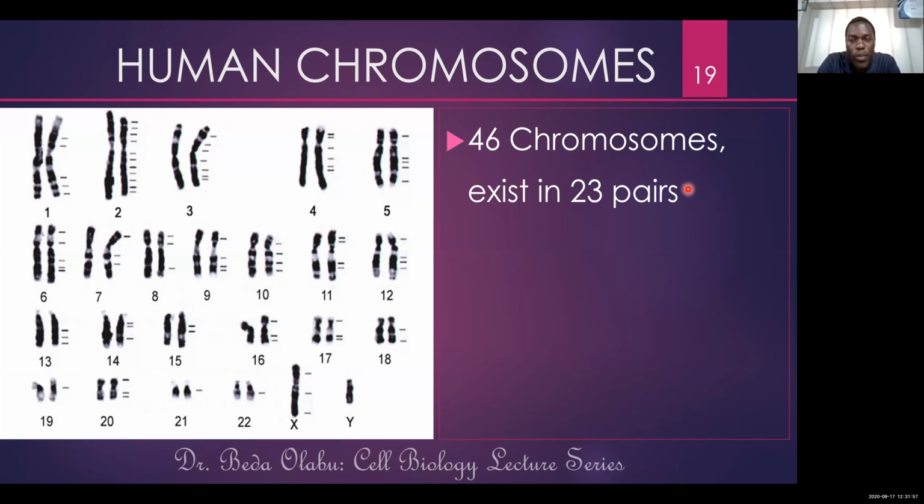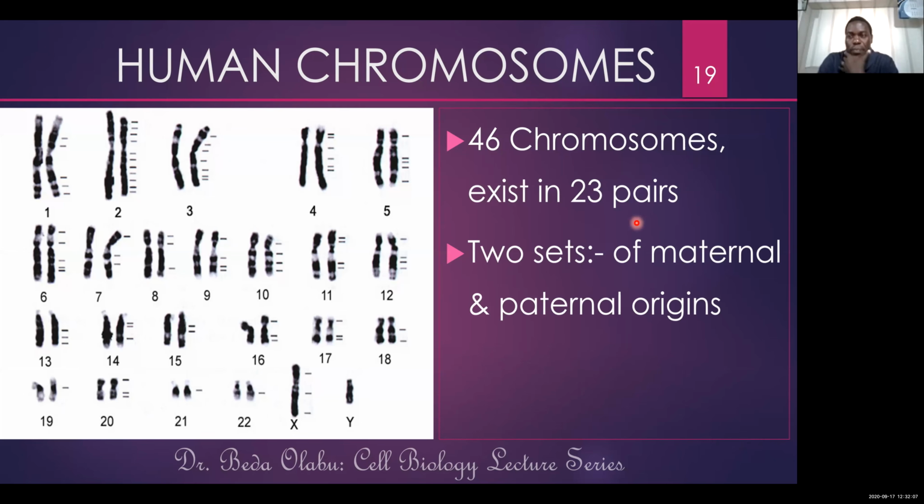So we have a total of 46 chromosomes, which is actually 23 pairs of chromosomes. One pair came from your mother, and another pair came from your father. So yes, there are two sets. One set is of maternal origin, 23.